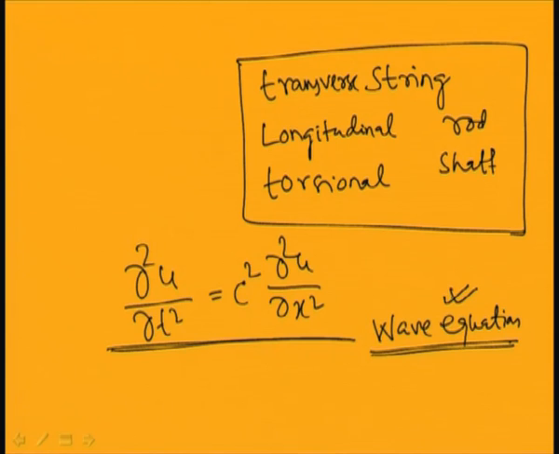Before proceeding further, you should know that the response of the system will depend on the boundary conditions of the system. In case of a string, it will depend on how the ends are fixed. In case of the rods and the shaft also, it will depend on how the end conditions are.